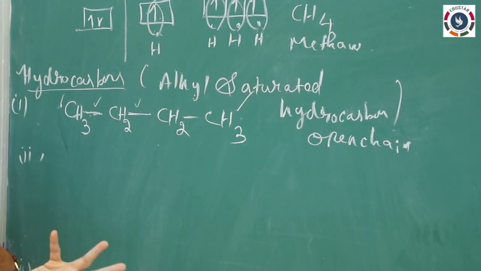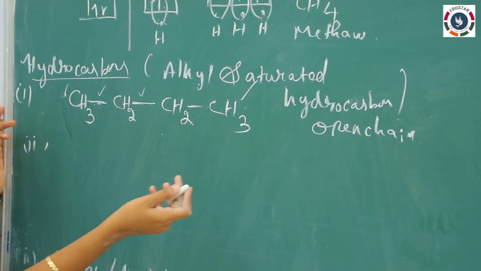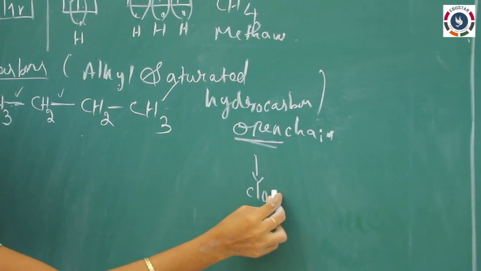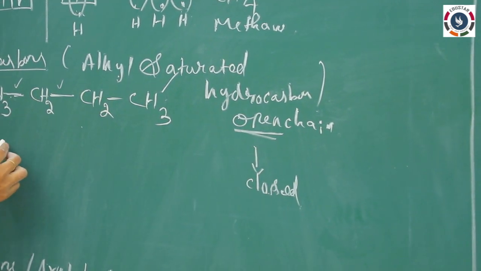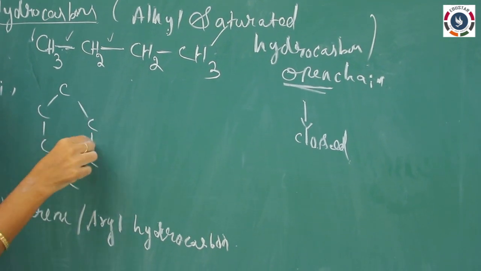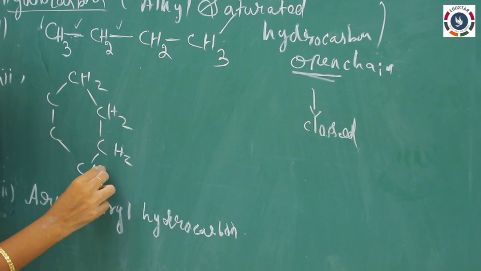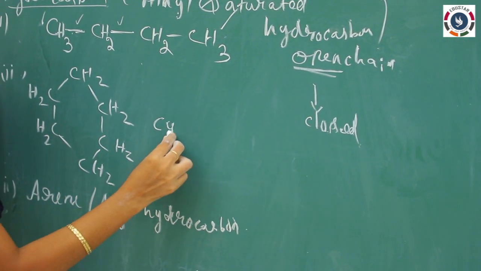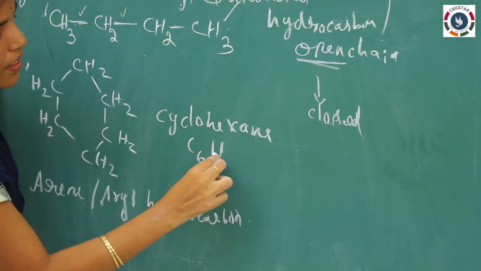If we are not able to see any terminal carbon atoms, then it is called a closed chain compound. Can you say any example for a closed chain compound? What is this? This is called cyclohexane, right? Formula is C6H12.